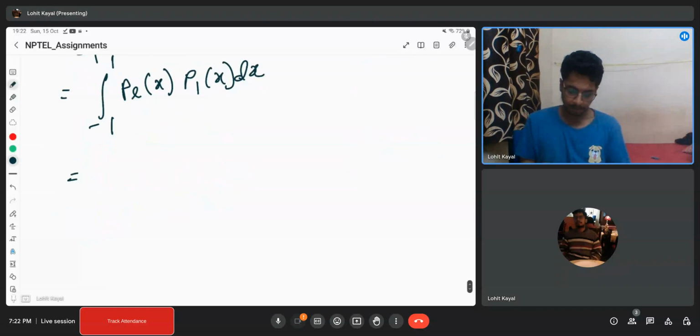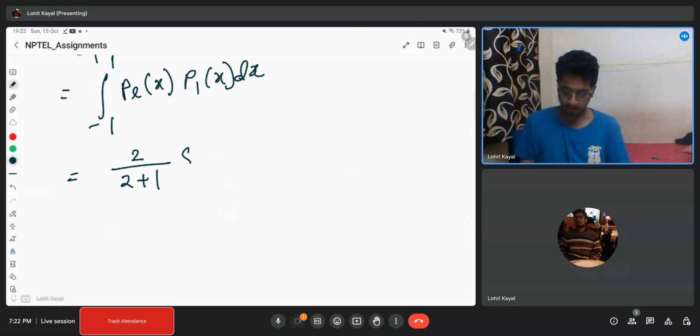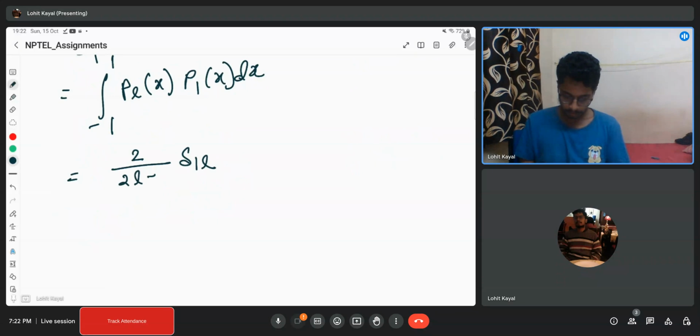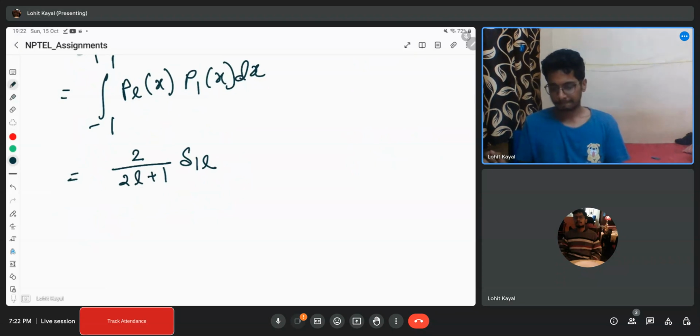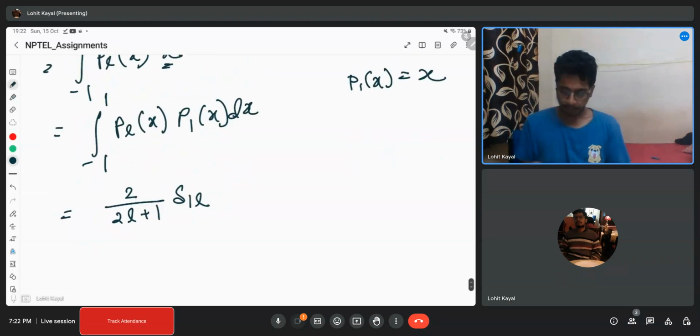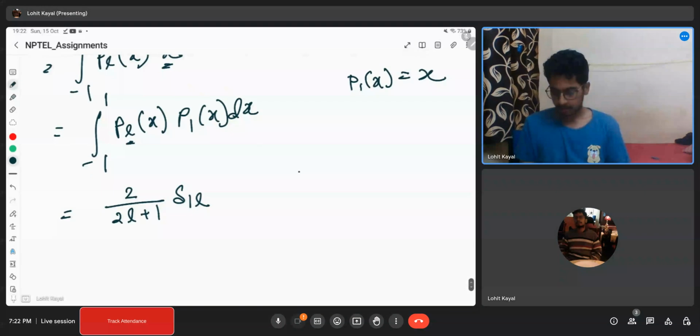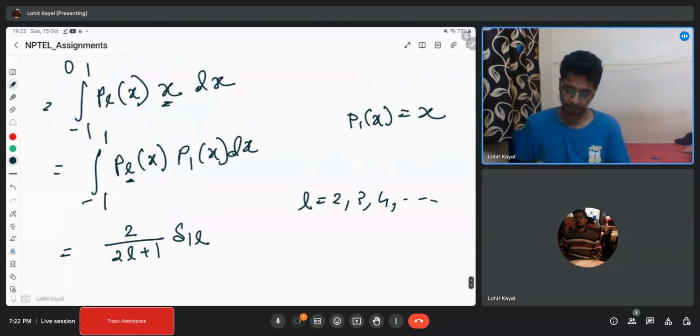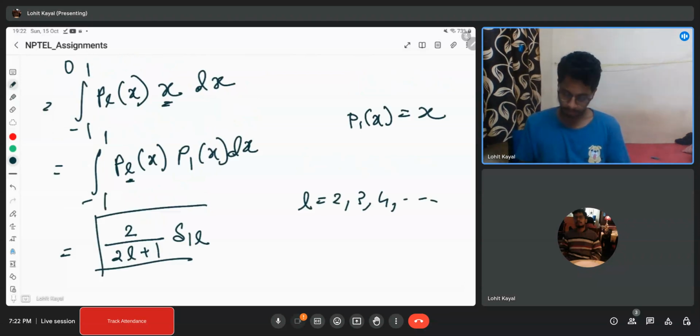So the result will be 2 by (2L plus 1) into delta 1L. That means if L equals 2, 3, 4 or anything, then this value will be 0.